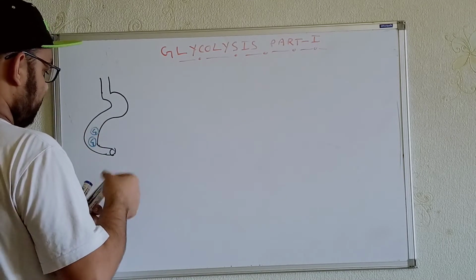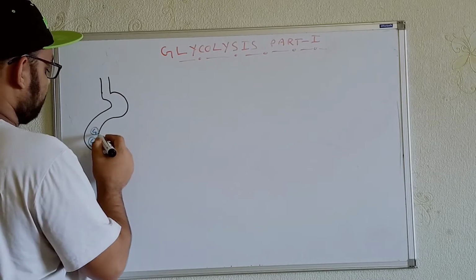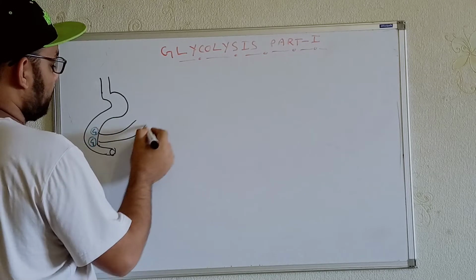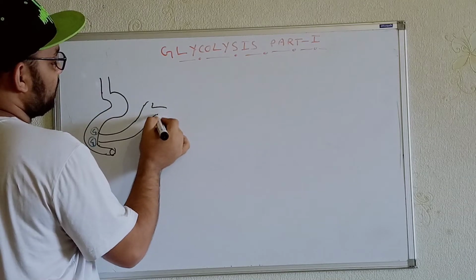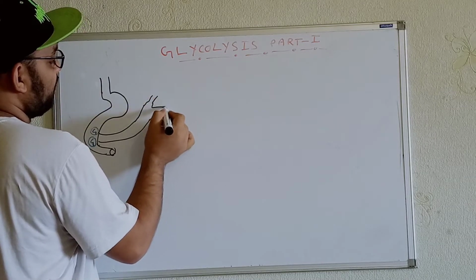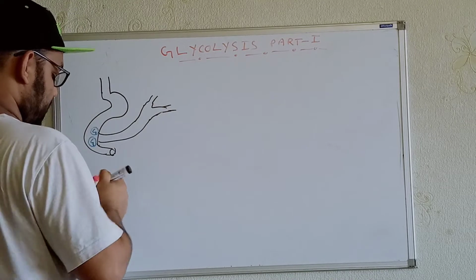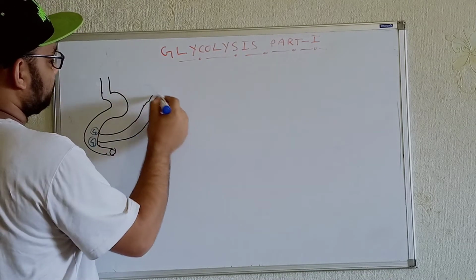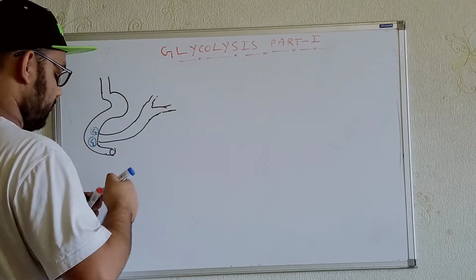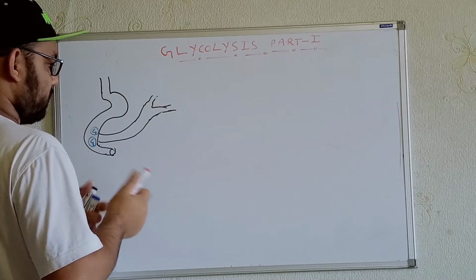Now after that, through the total circulation, it will go within the liver. Now if I want to draw a little bit of the liver part over here, it's not working, so let me show this one.